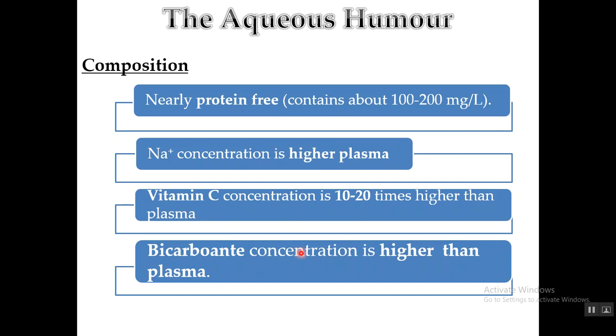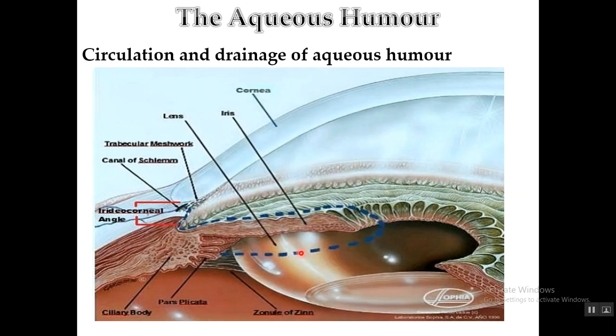The balance between its formation and its drainage is responsible for the formation of what's called intraocular pressure. Again, the intraocular pressure, the pressure inside the eye, is formed by the balance between the rate of formation and the rate of drainage. What's meant by the drainage?